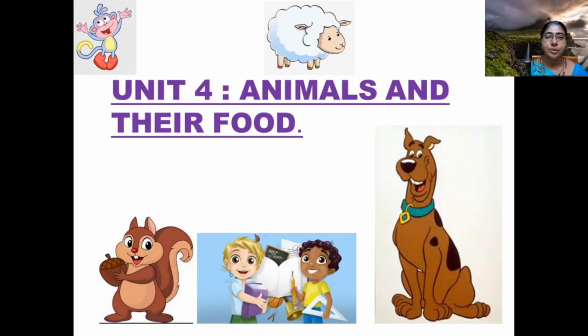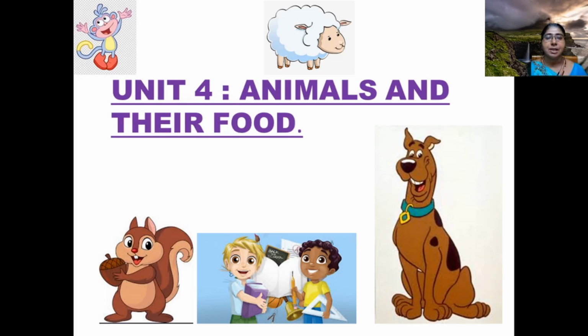Today we are going to study the second part of this lesson, Unit 4, Animals and their food. Here we study about carnivores and herbivorous animals. When we look around us, you can see a number of animals. Some are very small animals, some are small animals, some are big animals.